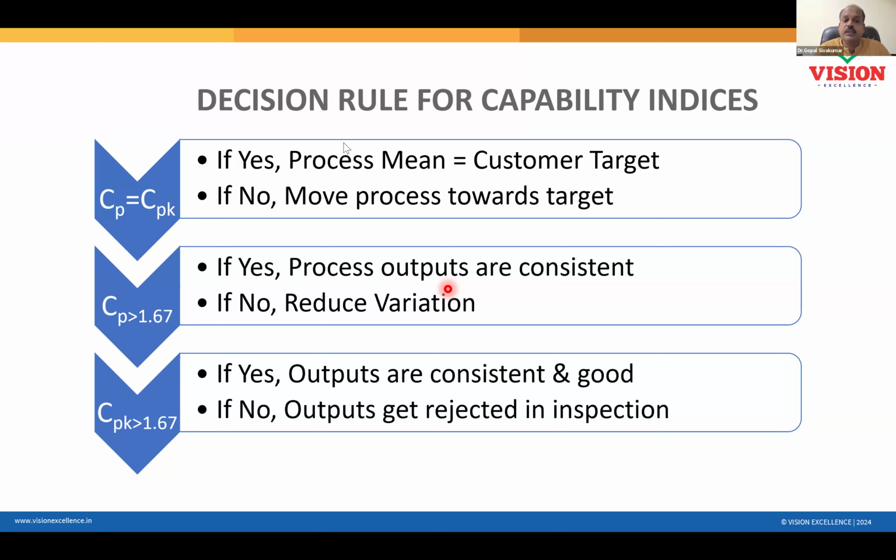So Cp can only help you understand the consistency in the result, not the capability. And in an ideal scenario, Cp must be equal to Cpk. If Cp equals Cpk, your process has not shifted. If Cp and Cpk are different, it is evidence that your process got shifted.